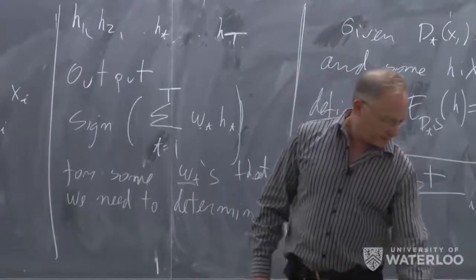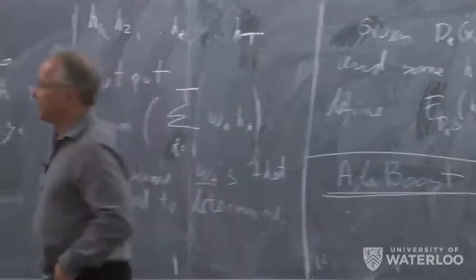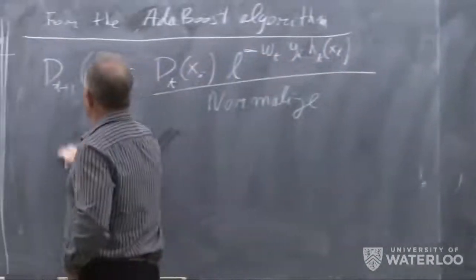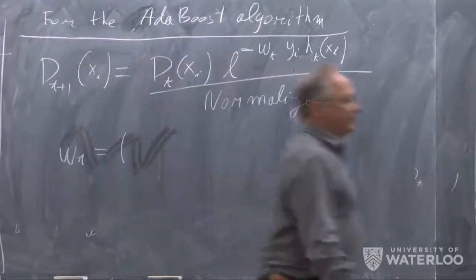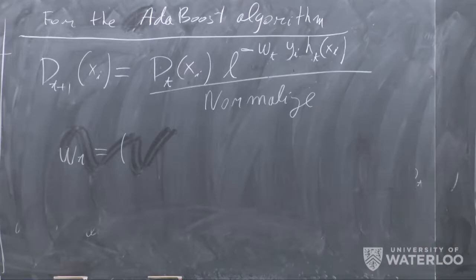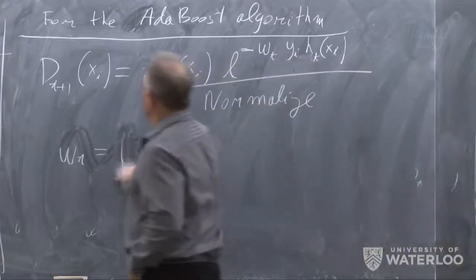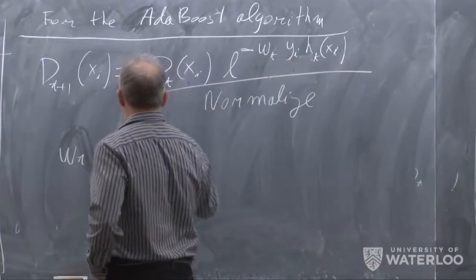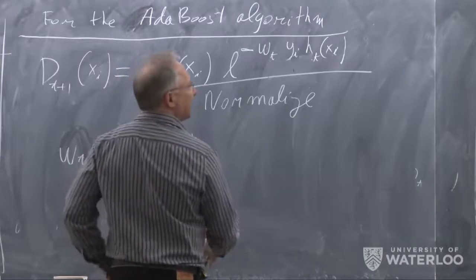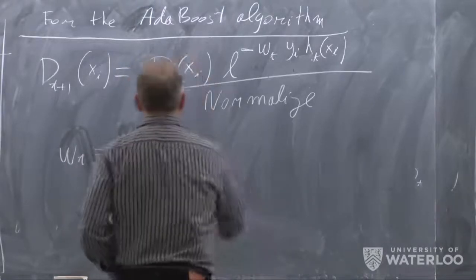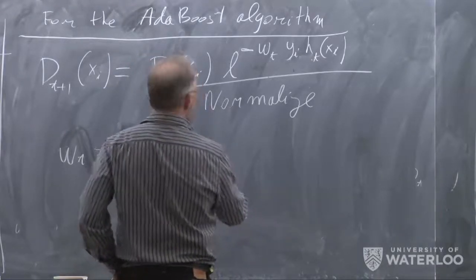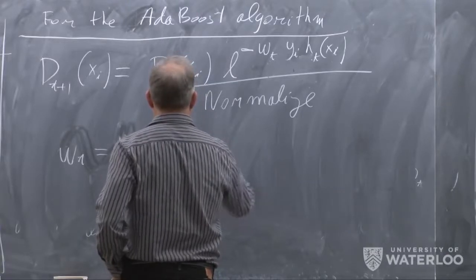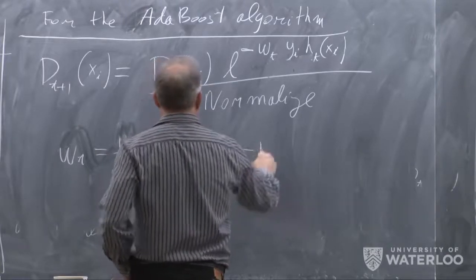So w_t is going to be, it's some formula, half log of 1 over the error of h_t, minus 1.